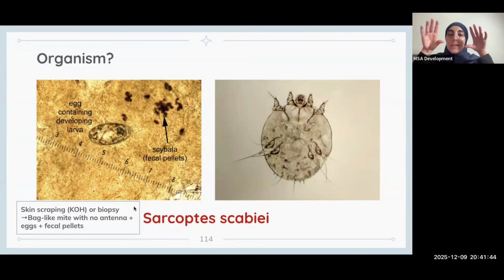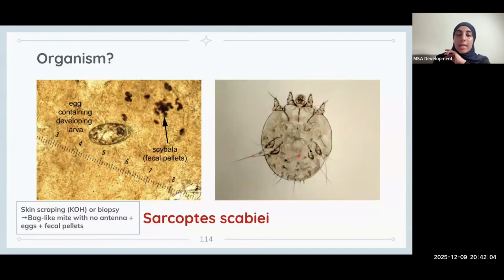Basically, you would kill all the keratinocytes and you would only be left with these. You would find the mite itself, which is this one here, and you would find eggs. This is the egg, and you would find fecal pellets, basically the poop of the mite. So the mite, its egg, and its poop.